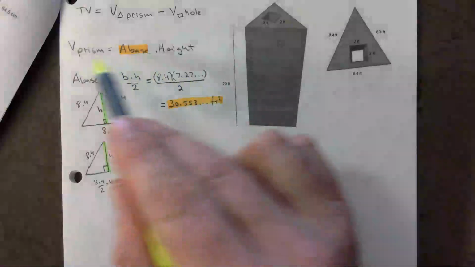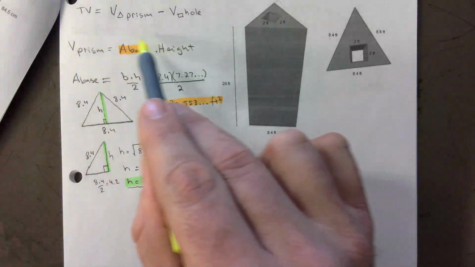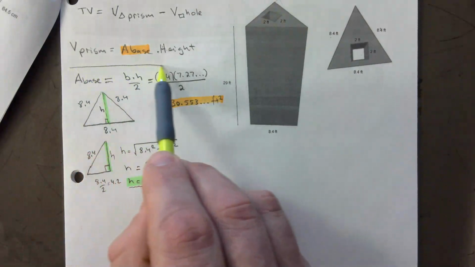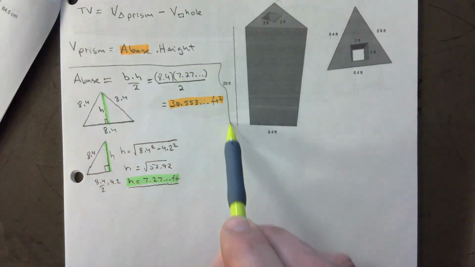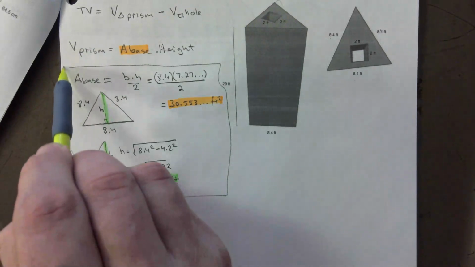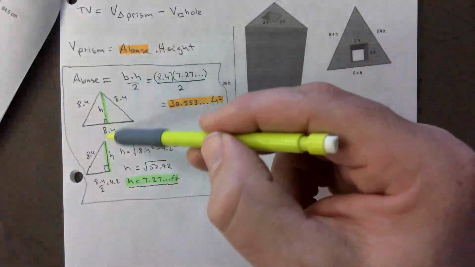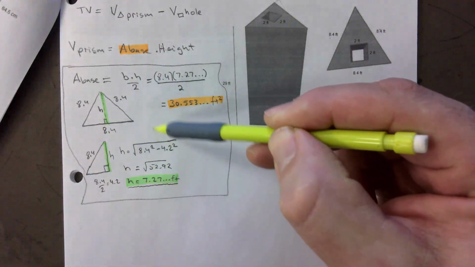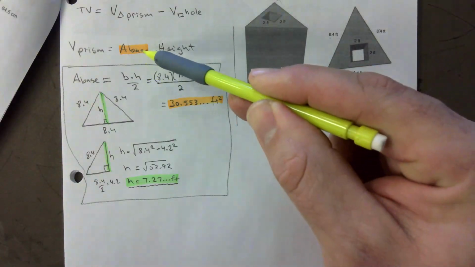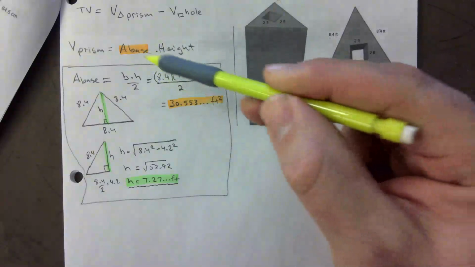And now I can actually do this part. So all of this was like a big side note. I had to derail quite a bit. I had to do all of this to find the height. Then I used it to find the area of the base, which in this case is a triangle.